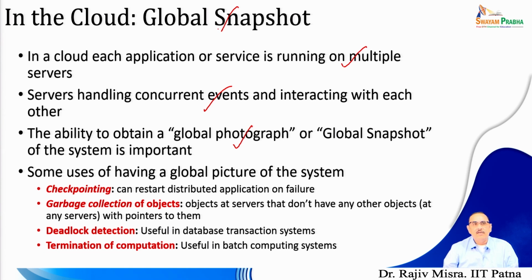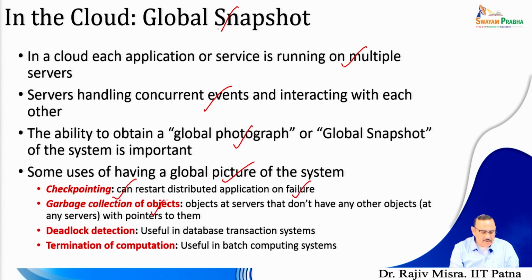Some of the uses of having this kind of global snapshot in the system are, first, checkpointing. That means you can restart the distributed application on failure. So, what is the closest point where not much loss is there? That is called checkpointing, and checkpointing is also based on the global snapshot.